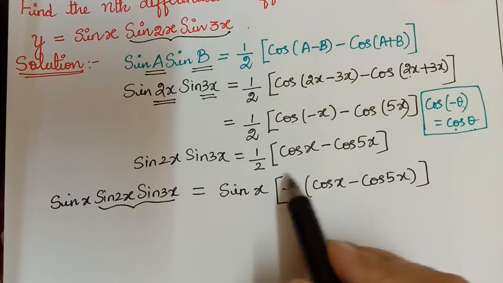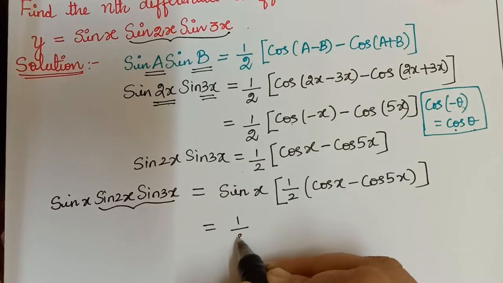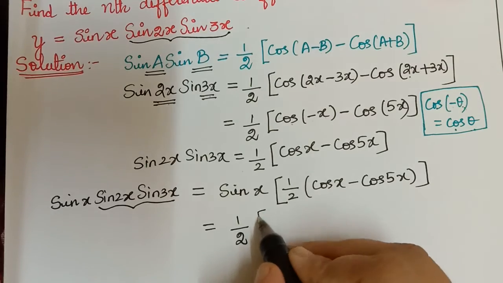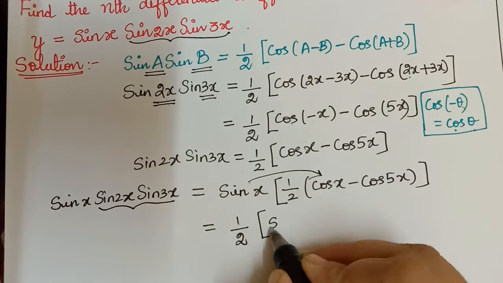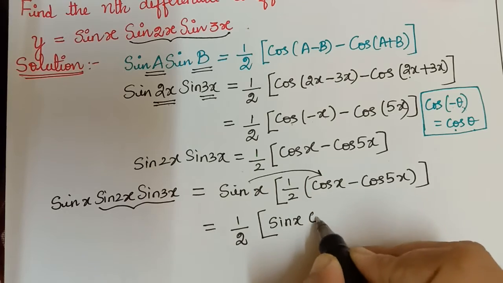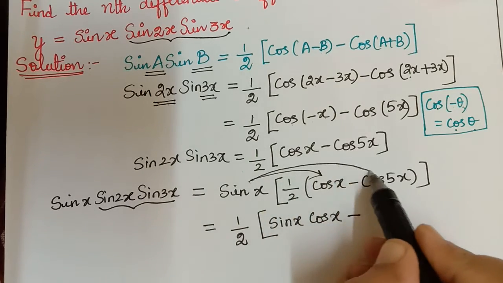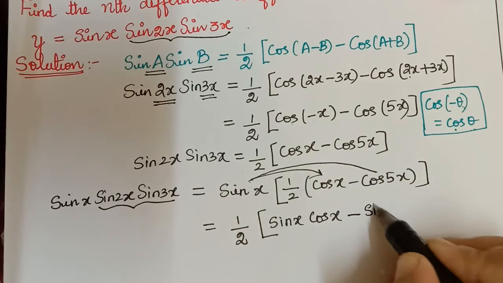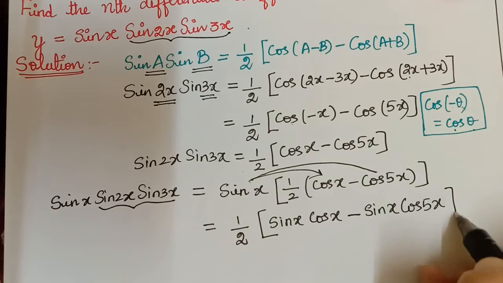Now this 1 by 2 is a constant which can be taken out. So this becomes 1 by 2 of sin x cos x minus sin x cos 5x.